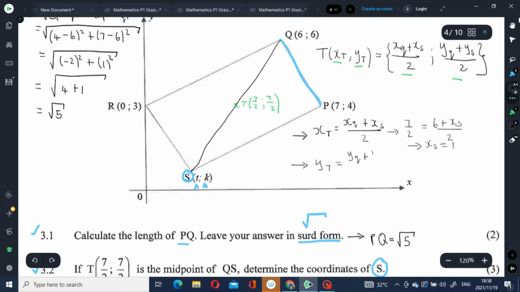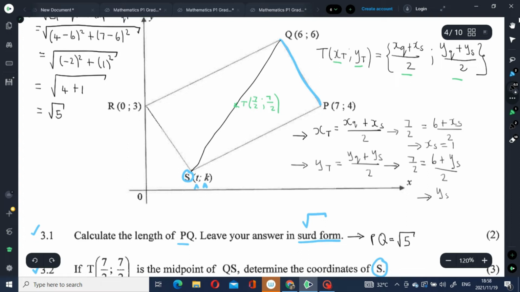So the same goes for y of t. YQ plus YS over 2. This implies that 7 over 2 should be equal to 6 plus y of s over 2. And y of s has to be 1, because 6 plus 1 over 2 gives you 7 over 2.